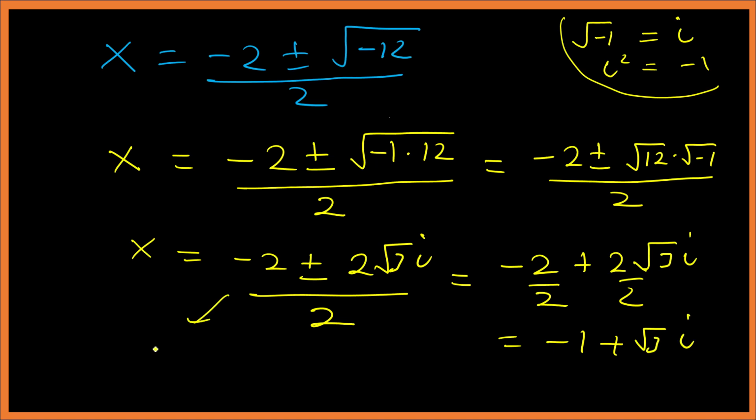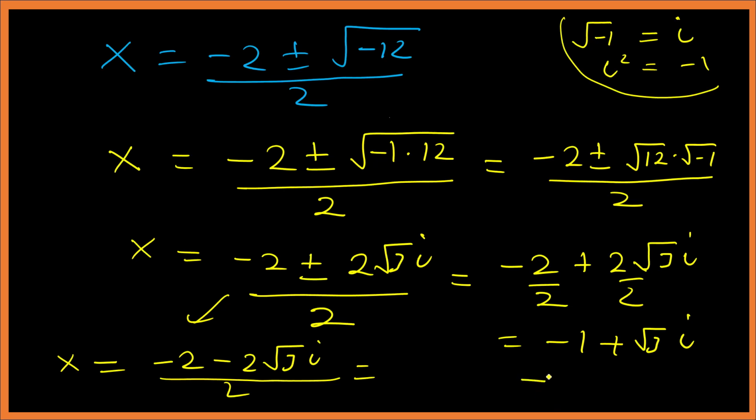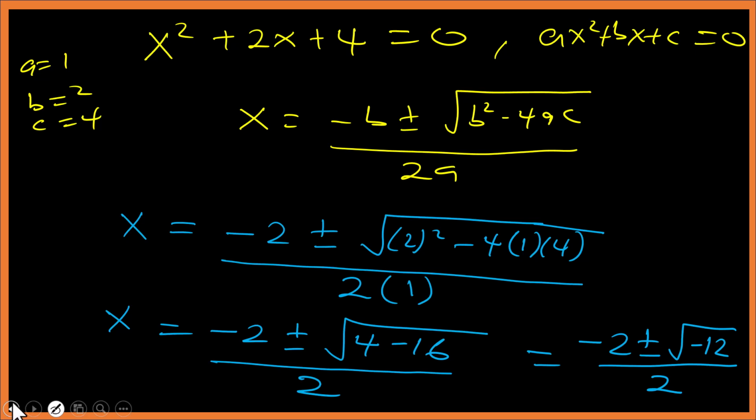So the opposite will be -2 minus 2 root 3 i over 2. So this side will be -1 minus root 3 i. Okay, so we have 3 answers.